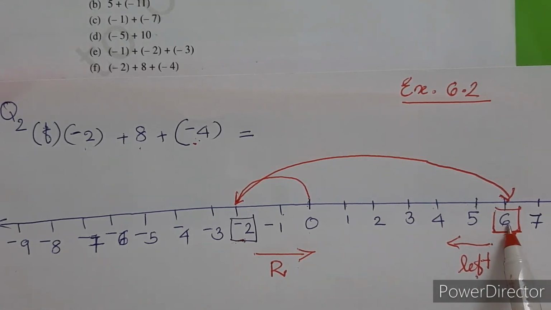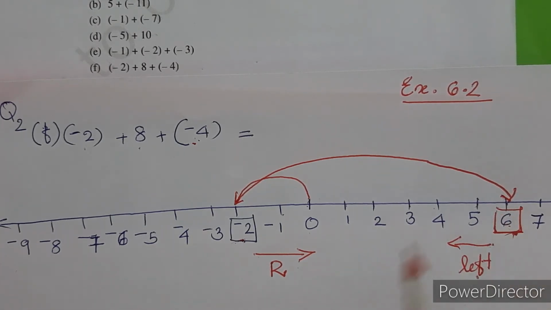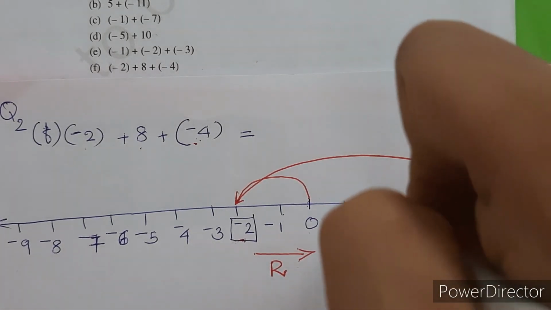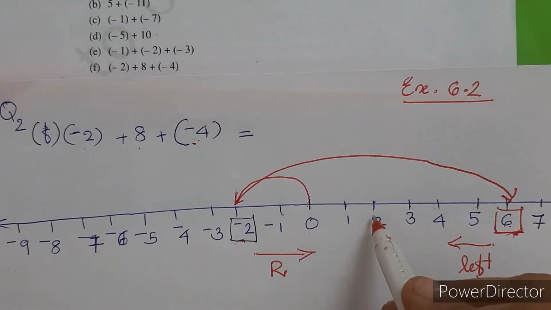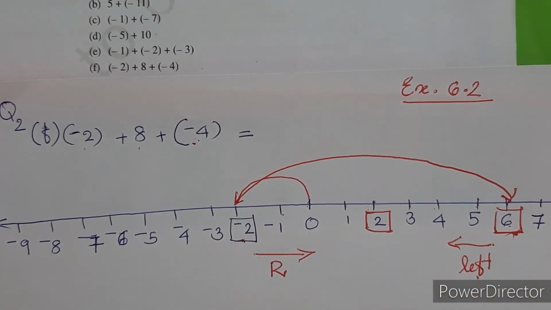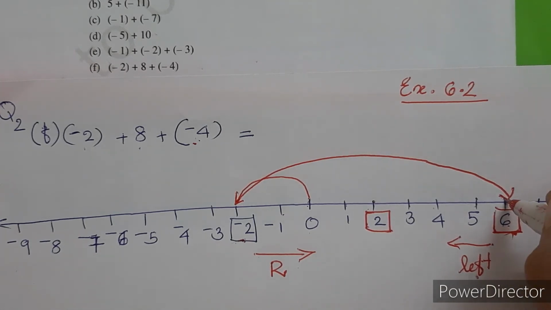This is the second starting point, that is 6.